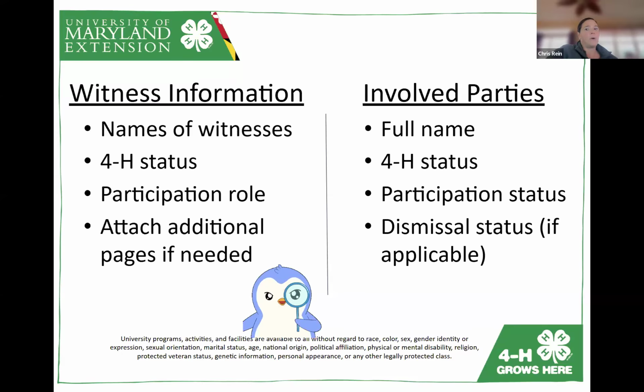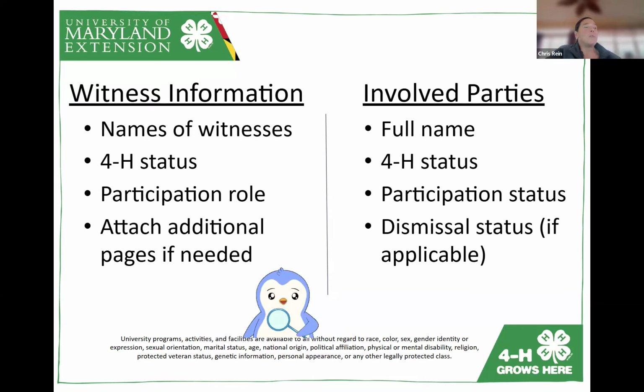So why were they there? It could have been at your request that they were physically there. And then attach any additional information that any additional witness might have provided about the actual incident, whether an organizational leader or the educators are filling it out, to capture that additional information.